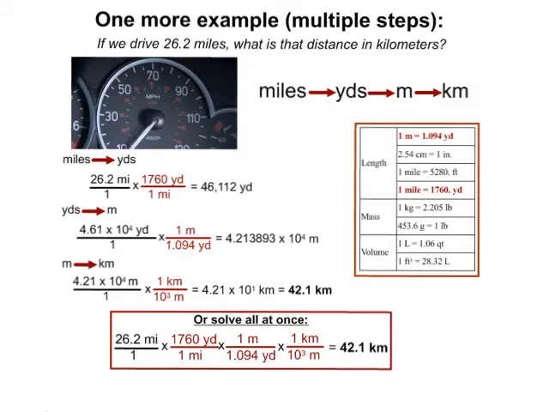And if I do that, I'm going to start with what I know, 26.2 miles, multiply by the conversion factor for miles to yards. My miles cancel out, and I am left with 46,112 yards. That is the number that is on my calculator, and I wrote all of them down. Obviously, that is not the correct number of significant figures.